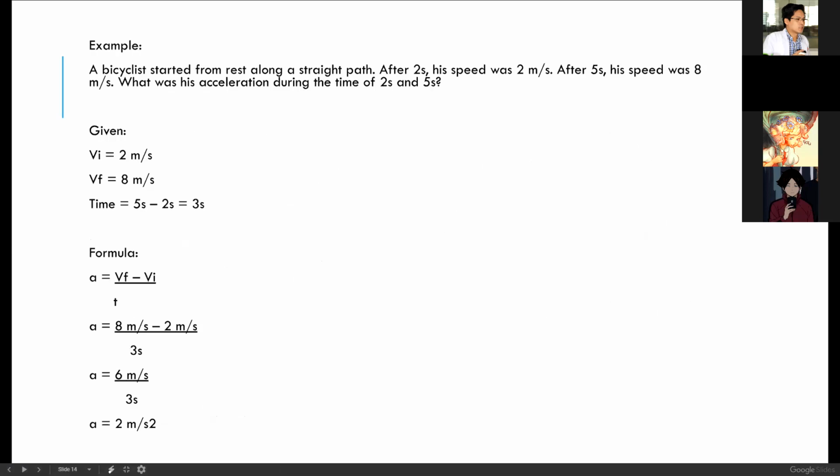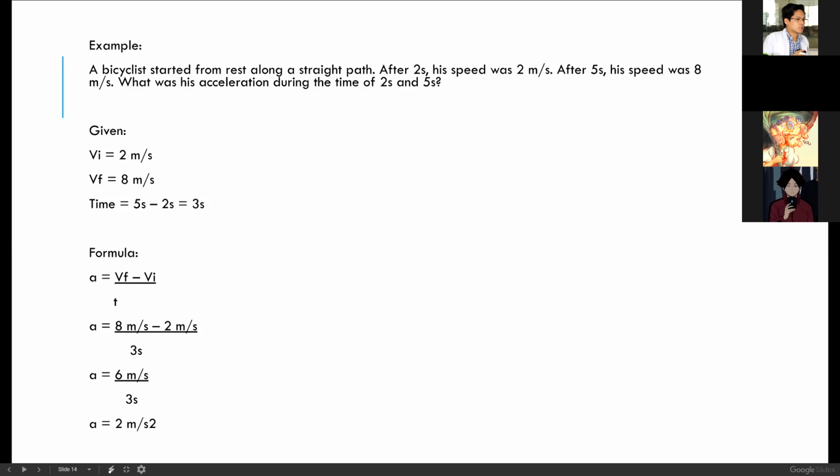For example, a bicyclist started from rest along a straight path. After 2 seconds, his speed was 2 meters per second. After 5 seconds, his speed was 8 meters per second. What was the acceleration between 2 and 5 seconds?